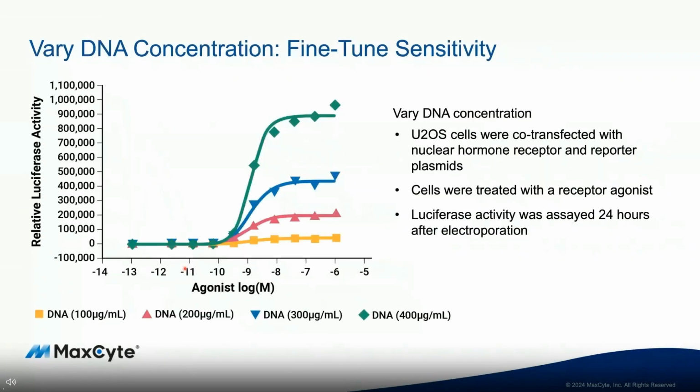You can also vary the DNA concentration during electroporation, where you can see here that in U2OS cells transfected with a reporter plasmid, you can modify the reporter expression based on how much DNA you put in the cell. So with low amounts of DNA compared to a higher amount of DNA, you can control the expression of the reporter.